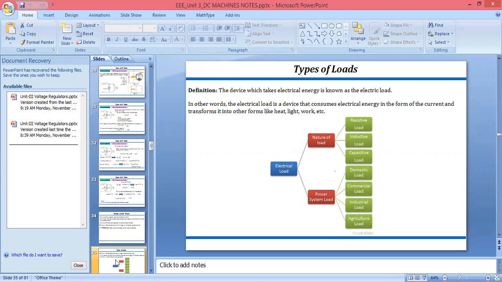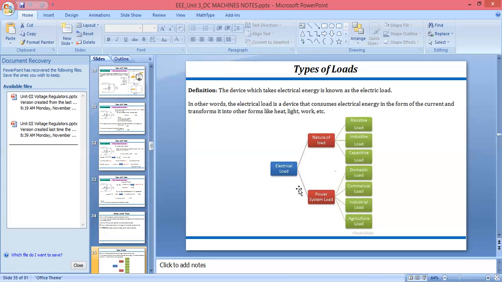We can connect our AC, our fan, our desktop, our laptop, any electronic circuit which requires a power supply. So we can see there are different types of load. We call this the electrical load because they are using electrical energy, they are using the power supply, they are using the EMF.